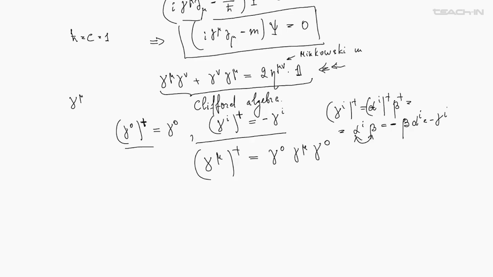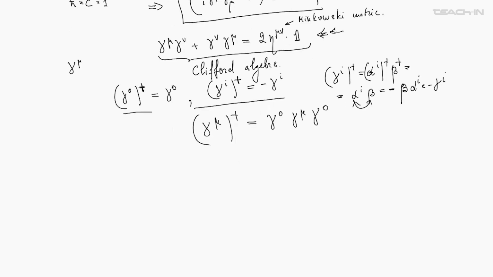Now, another important observation is that we have found one concrete realization of our gamma matrices, which satisfies these Clifford algebra relations. But in fact, there exists an infinite number of possible realizations.